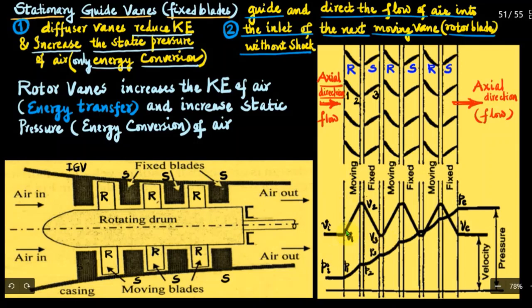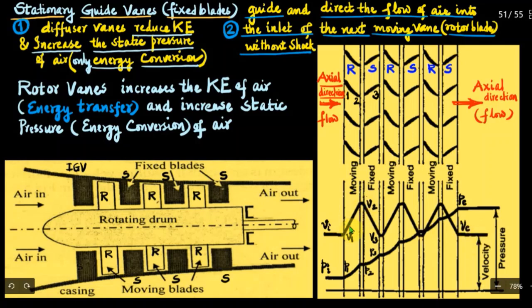And just like centrifugal compressors, where the absolute velocity of air entering and leaving the compressor can be equal, here again the absolute velocity can be equal. So it is possible. The absolute velocity of air entering is the same as the absolute velocity of air leaving.